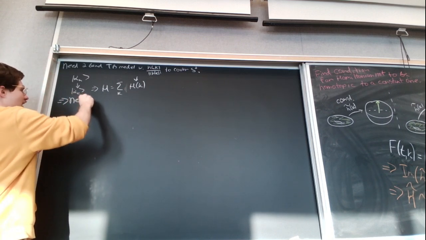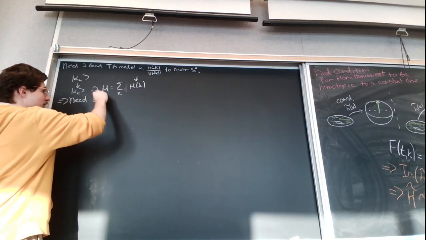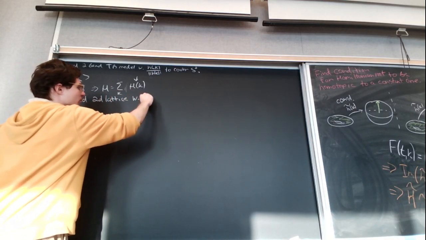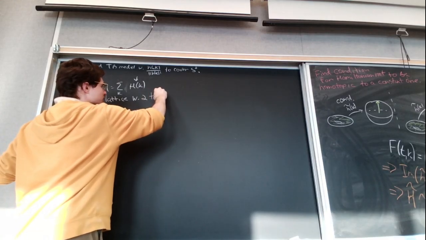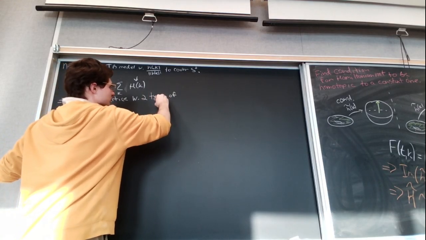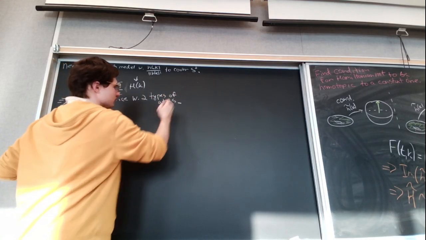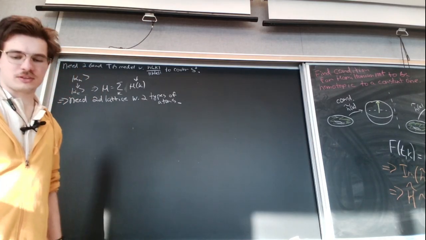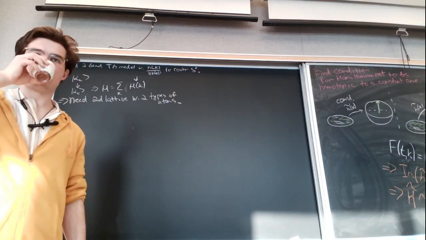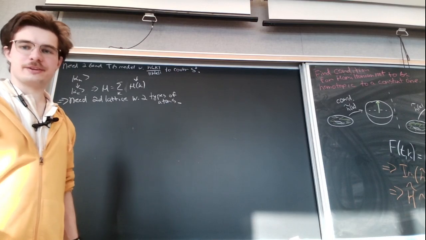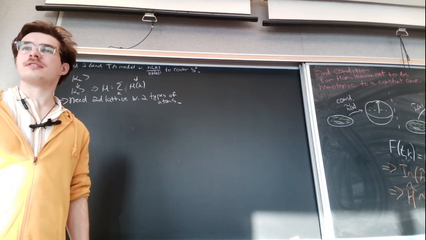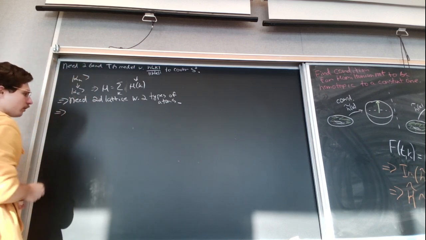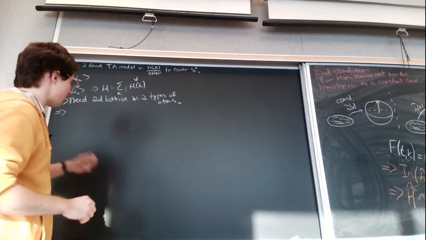So I need a lattice, and I need a 2D lattice with two types of atoms. Okay. Can someone give me a 2D lattice with two types of atoms that's really famous? Everyone talks about it all the time. Graphene. So we're going to arrive at what's called Haldane's model.